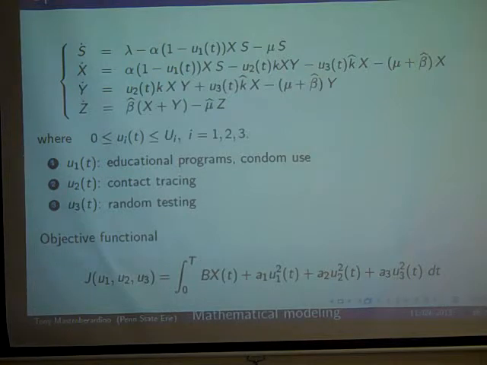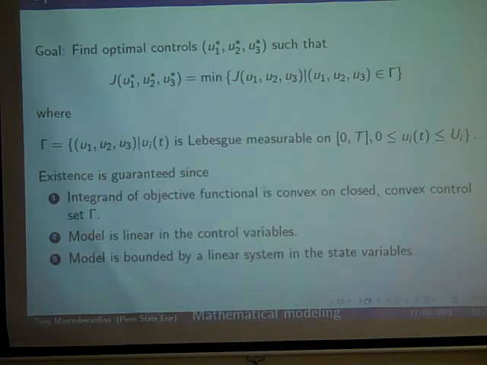And the B x term is basically we want to minimize the number of HIV infected that are undiagnosed through time. We're considering capital T as an end time. And so applying this optimal control theory, we want to find optimal controls so that J is minimized over a set gamma of admissible control functions.